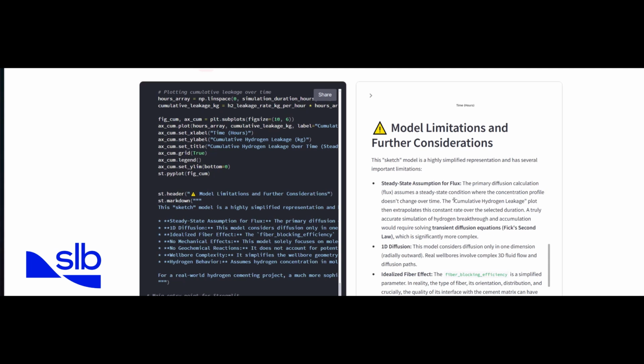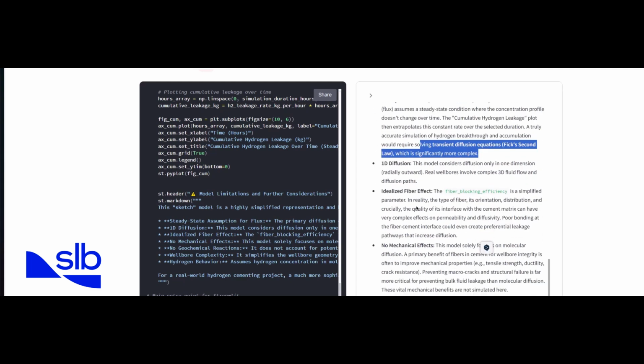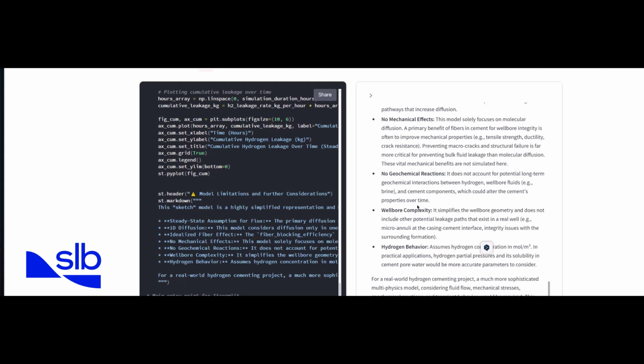The steady state assumption for flux is the primary diffusion calculation, and the cumulative hydrogen leakage plot then extrapolates this constant rate over the selected duration. We are not using a transient diffusion equation, Fick's second law, and we idealize fiber effects, and we don't have a geomechanical reaction. The wellbore geometry is simplified and does not include other potential leakage.